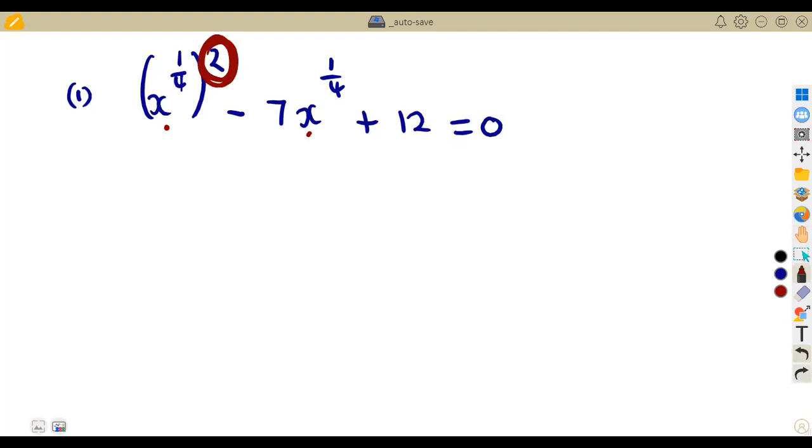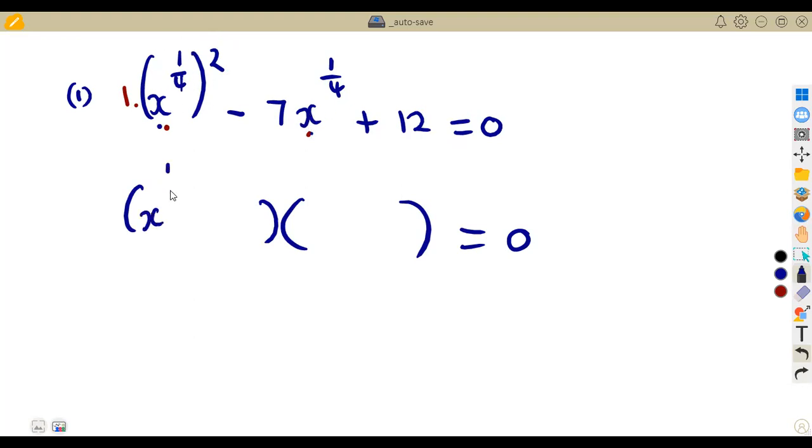So by factorization, since it is multiplied by 1, I'm just going to have 2 brackets in this case. Remember your factorization, that's like what we did, guys. And these are the ones that you're considering, okay? Because it's the same as x, but this one being raised to the exponent of 2 means we've got x to the exponent of 1 over 4 here. Also, we have x to the exponent of 1 over 4 here.